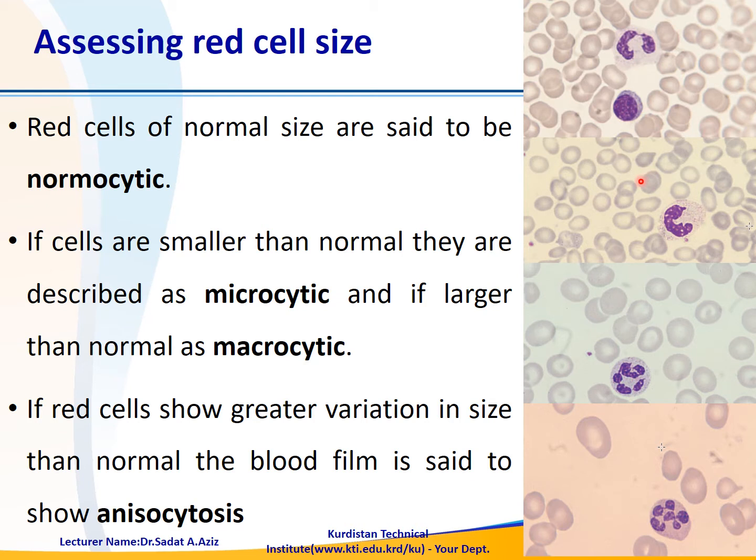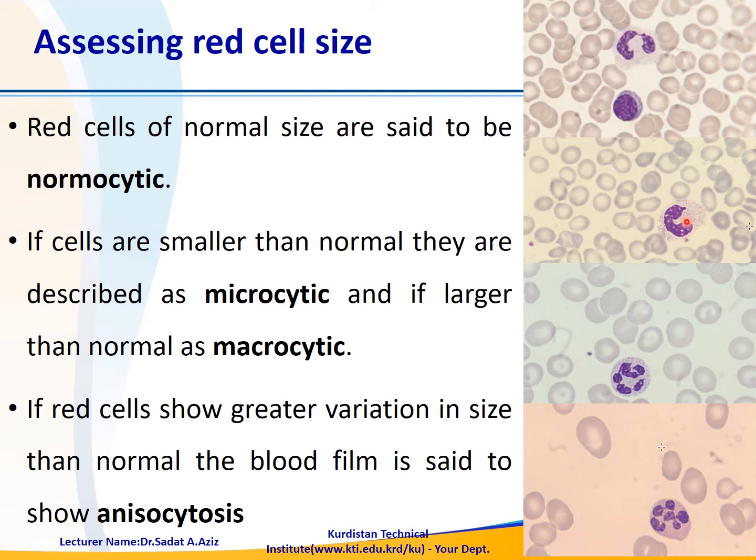But if the cells are smaller than normal, and they have, let us say, a pale center, or when their size is much smaller compared to the normal cells, or even compared to a neutrophil, they can be defined as microcytic.